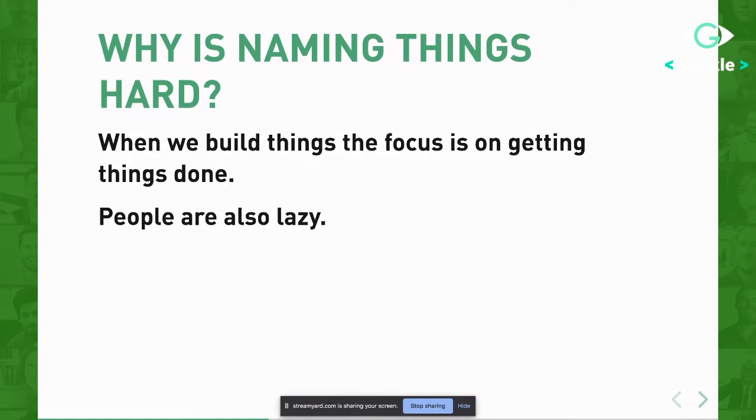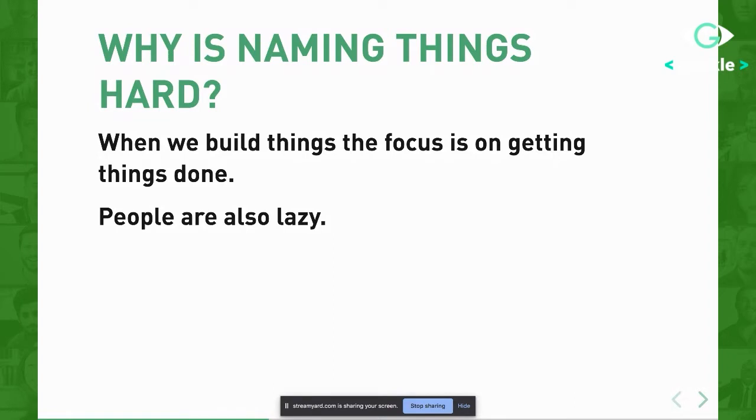But there's a problem with that. That means that things like proper names for things and documentation in general tend to get a backseat. And this is, simply put, short-term thinking.